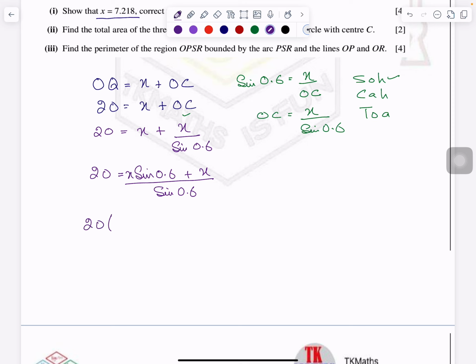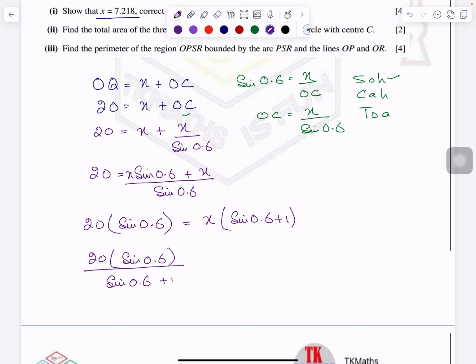So 20 times sine 0.6 is equal to, I will take x common factor out. So I will have sine 0.6 plus 1. Then it will be 20 times sine 0.6 divided by sine 0.6 plus 1 equals x.